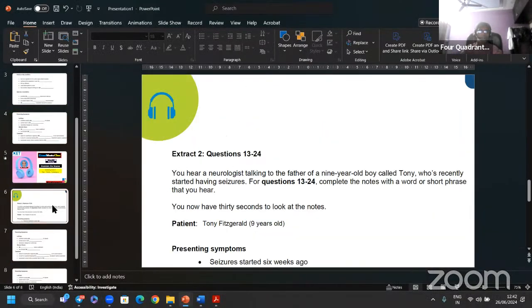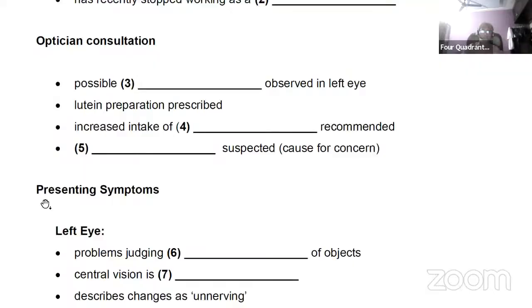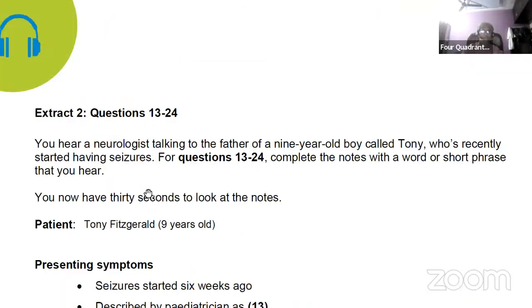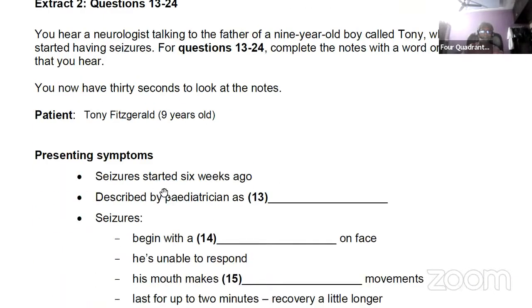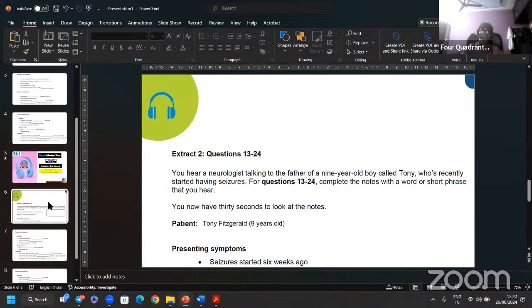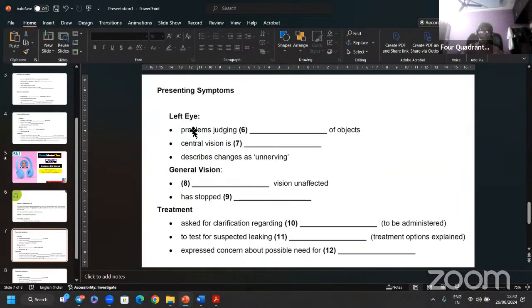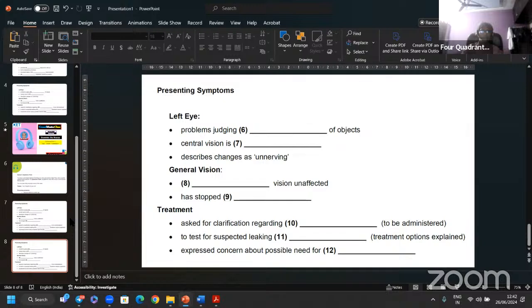Then next and third one. Only the second page I have put wrongly. So Tony Fitzgerald. Yeah. Then seizures. Tony Fitzgerald. Those were correct only.